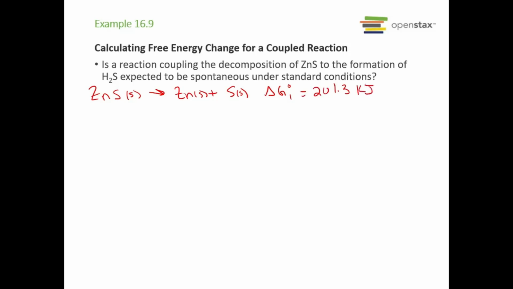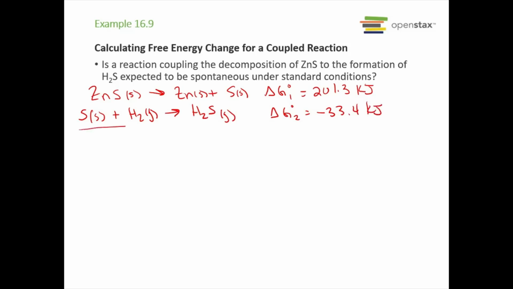And then now we're forming H2S as our coupled reaction. So the sulfur from the first reaction is reacting with hydrogen gas to form hydrogen sulfide gas. And this is delta G standard 2. And from the appendix we get negative 33.4 kilojoules.